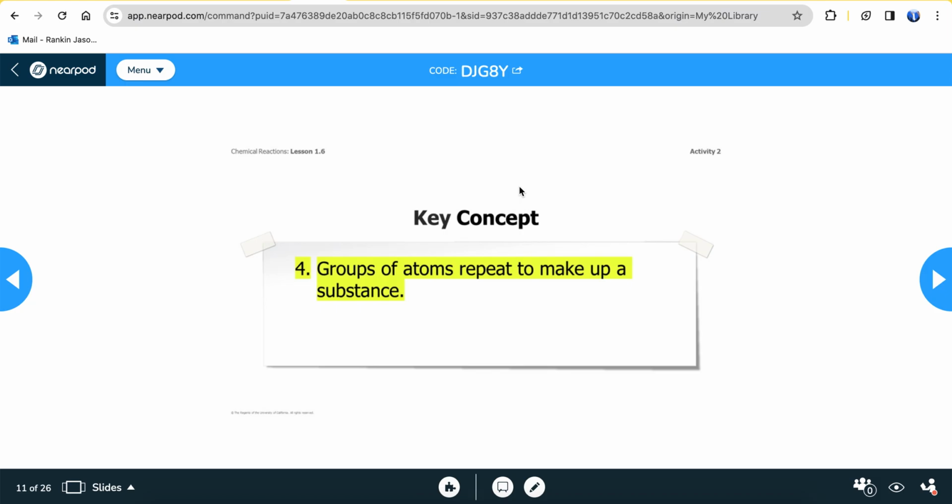You had the KCl's, the potassium chlorides in the warm-up, right? The KCl's will come together, and then if you put more and more of these together, you can make an extended structure. And they're repeating groups of atoms that can be used.